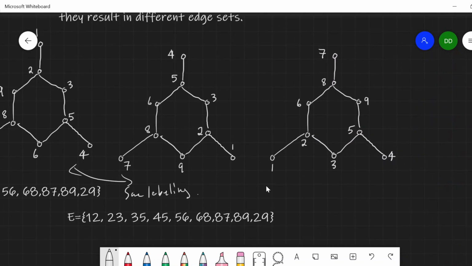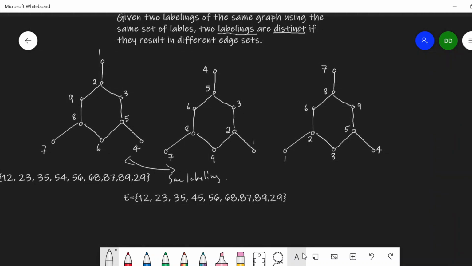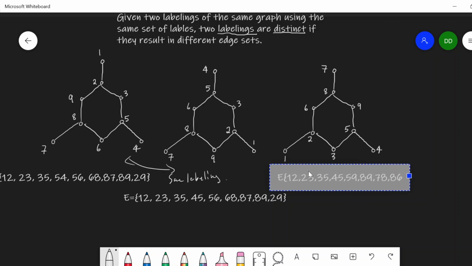Now, if we take a look at this third graph, let me zoom out a little bit here. Let's find its edge set. So let's see, we have 1, 2, 2, 3, 3, 5, 4, 5, 5, 9, 8, 9, 7, 8, 8, 6, and finally 2, 6.